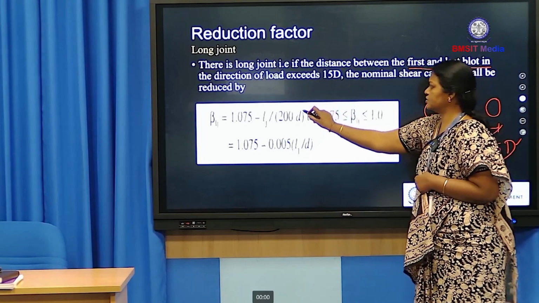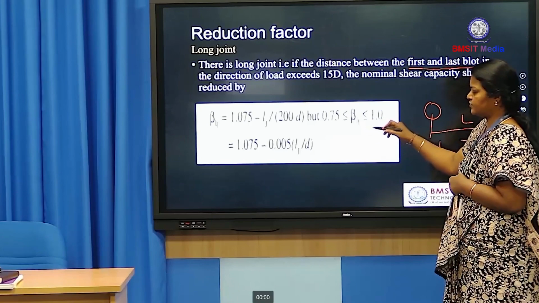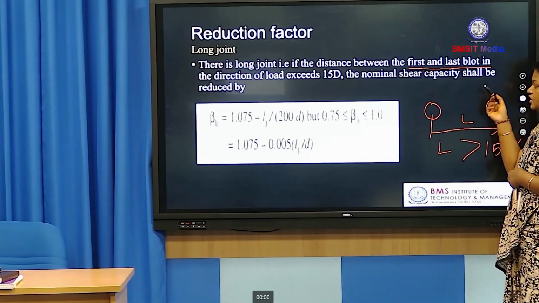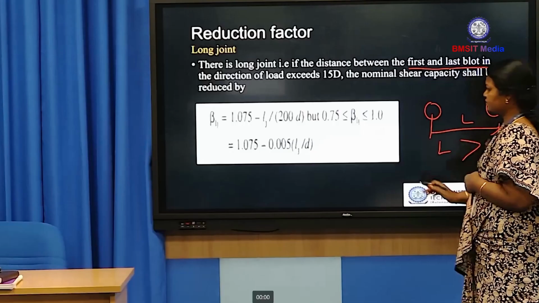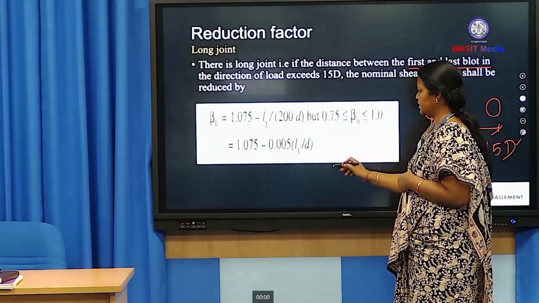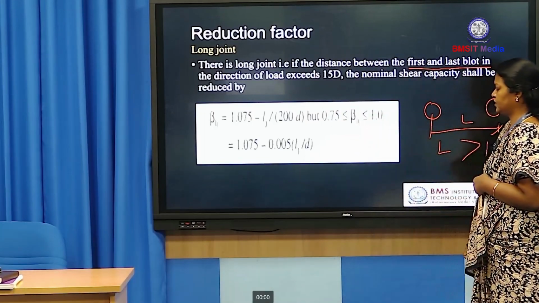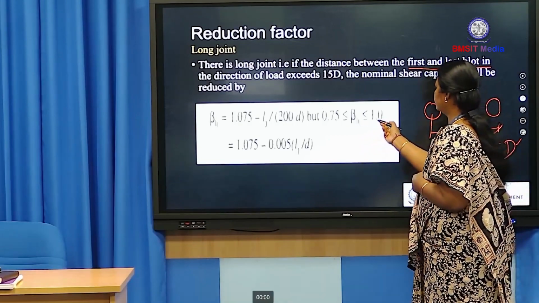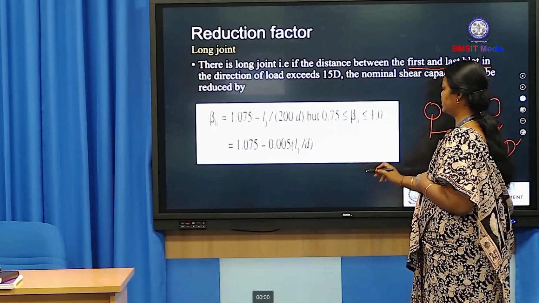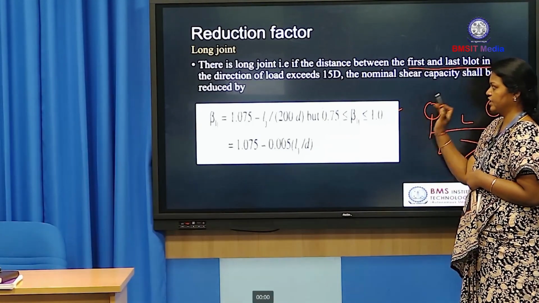We use this to find the reduction factor, and we have to multiply it additionally in this formula. After finding this beta Lj, it should lie between the limits. For example, if it is 0.65, we take it. If for example beta Lj is 1.2, we have to consider only one value. This is the minimum value.